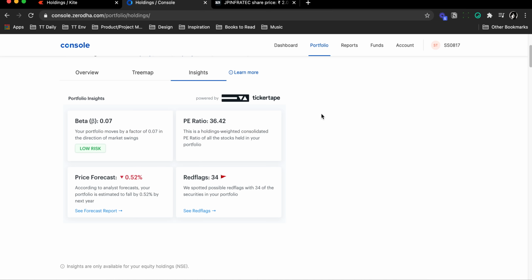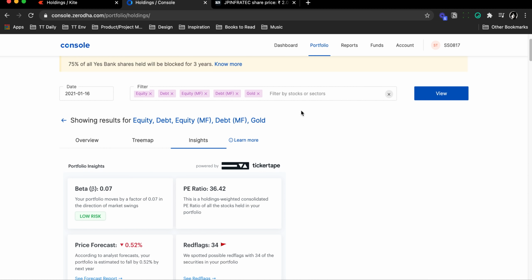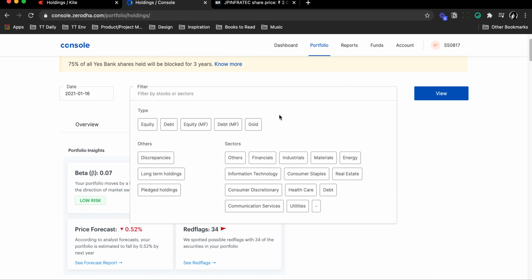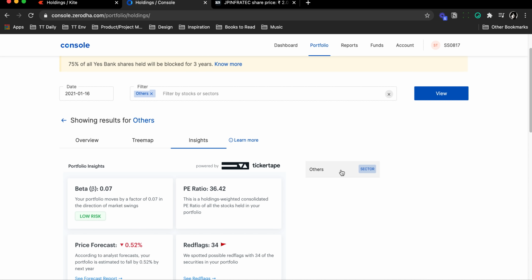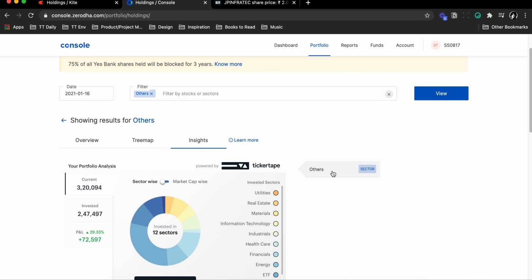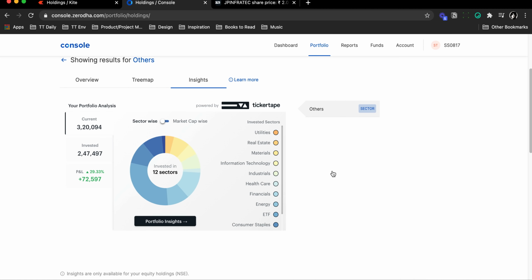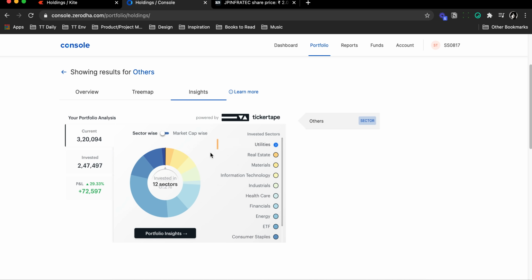In order to do this, come up to the search filter over here, clear everything that's there, and once you're here, you can click on any of the sectors. Let's start by looking at all the sectors that we have cumulatively, right? Once I click on that, I'm going to click on this tab over here, which is the sectors tab, and now you can see that we show you a very neat analysis of all the different sectors that you've invested in.